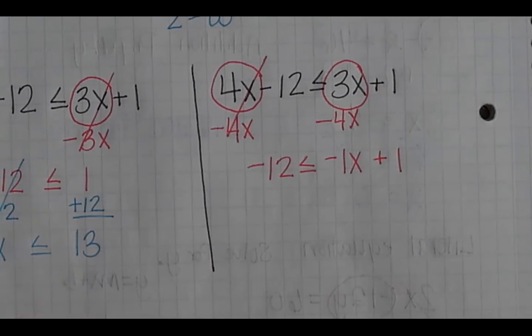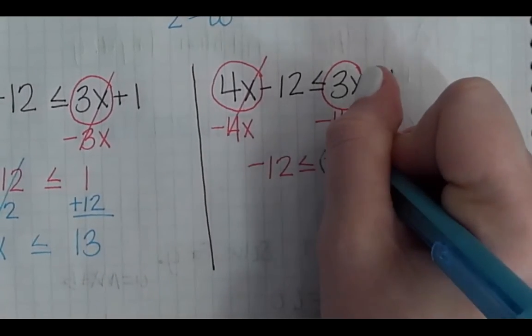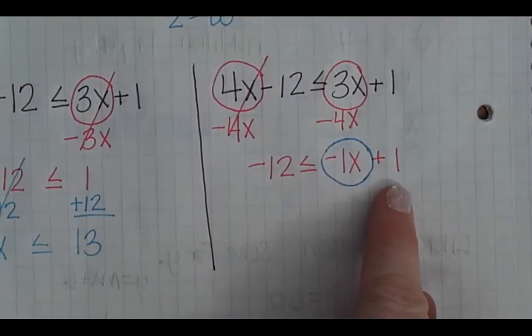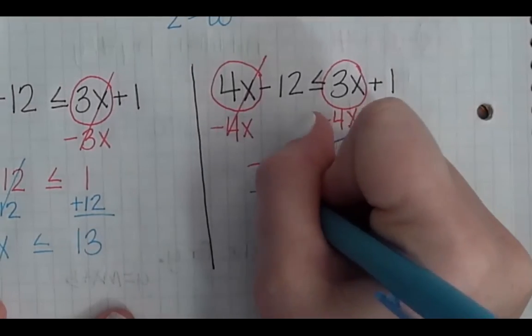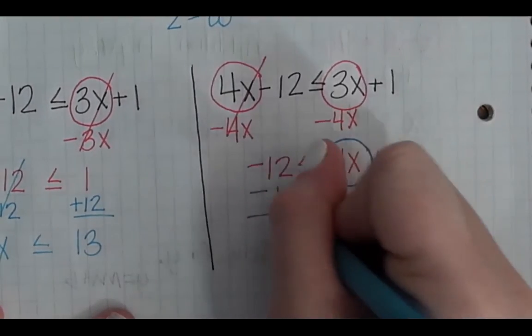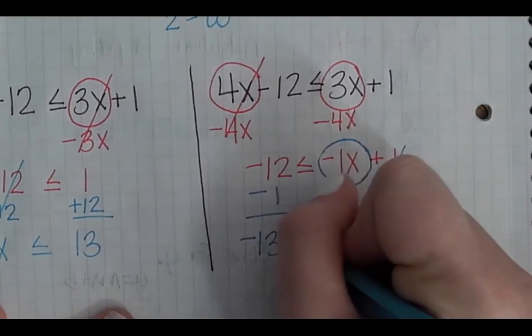Okay, now what's the next step? If I want to get this by itself, what would I do with that plus 1? Subtract 1, subtract 1. Negative 12 minus 1. Negative 13.